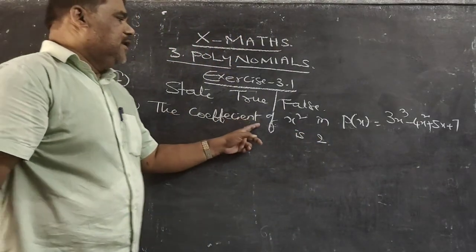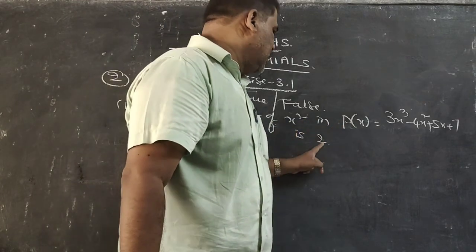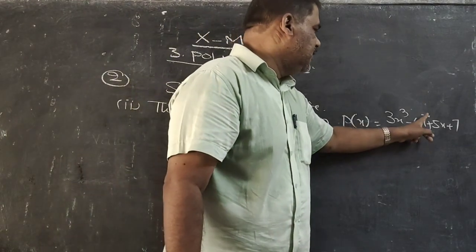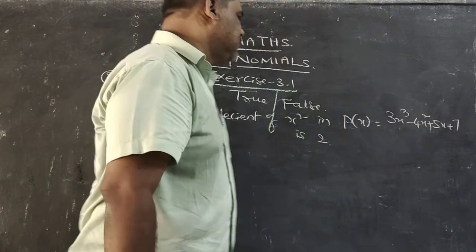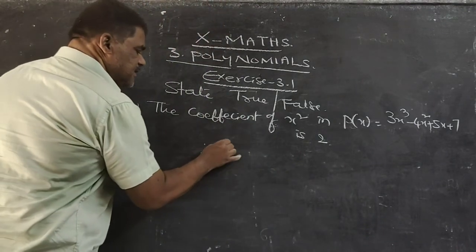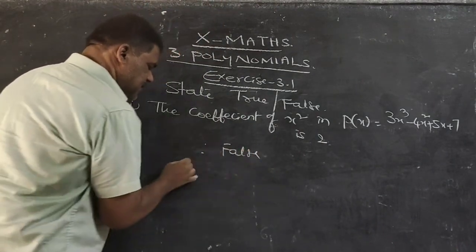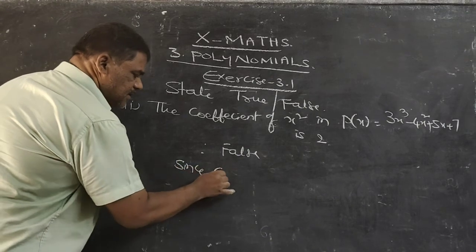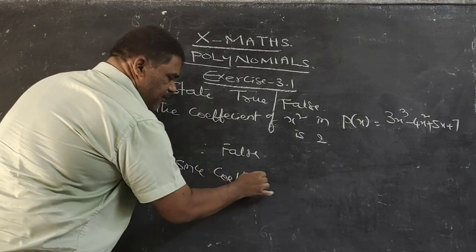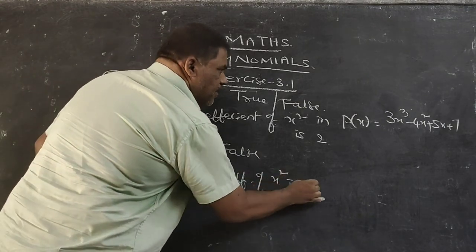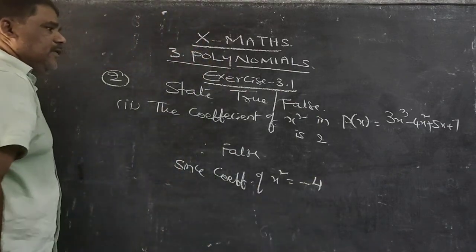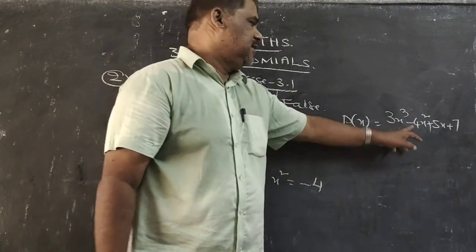Here in this polynomial, the coefficient of x square is given as 2, but the coefficient of x square is actually how much? Minus 4. Therefore, the given statement is false, since the coefficient of x square is minus 4, not 2.